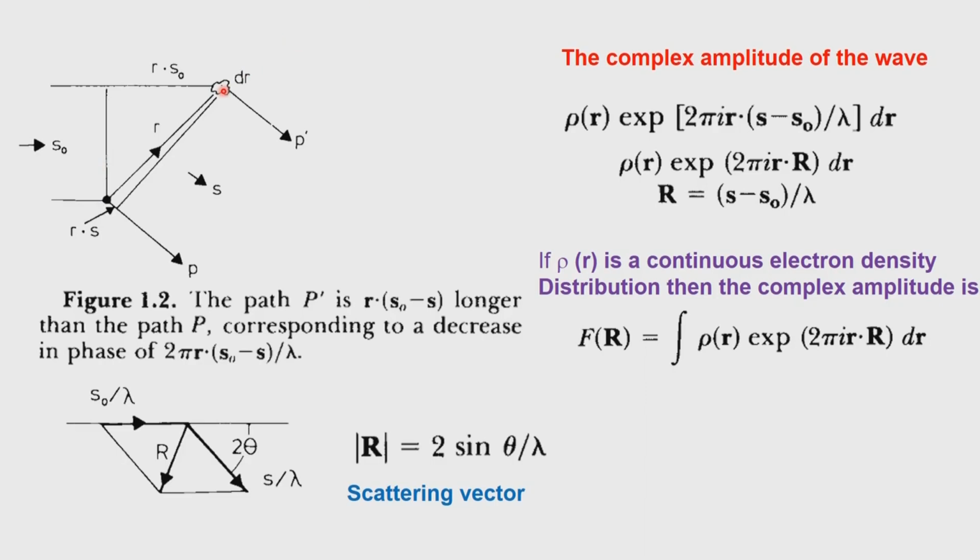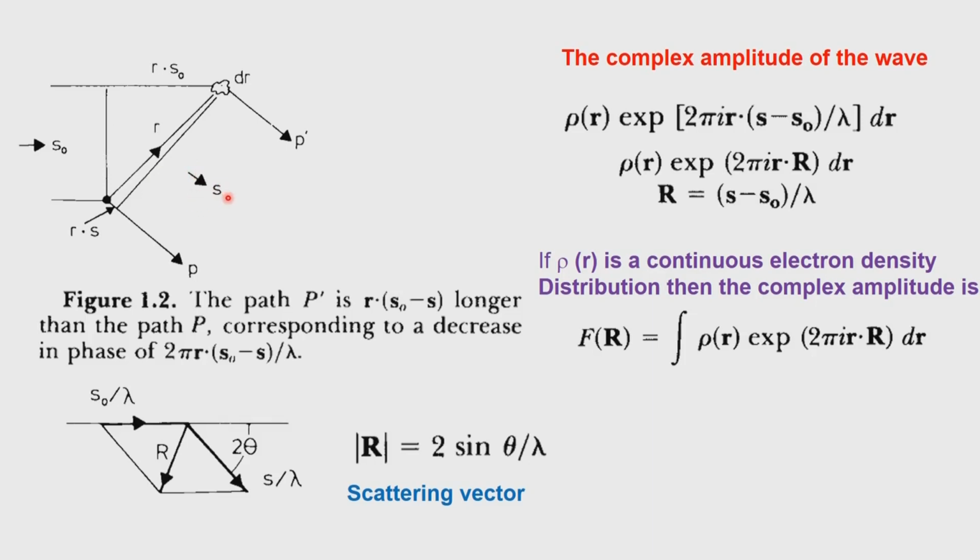It will start its own wave, and that wave will originate in the direction p prime. The original one is going in the direction of p, and this scattered one is going in the direction of p prime. So p prime will define the so called scattered direction. The incoming direction is referred to by the unit vector s naught, the scattered direction by the scattering vector s.